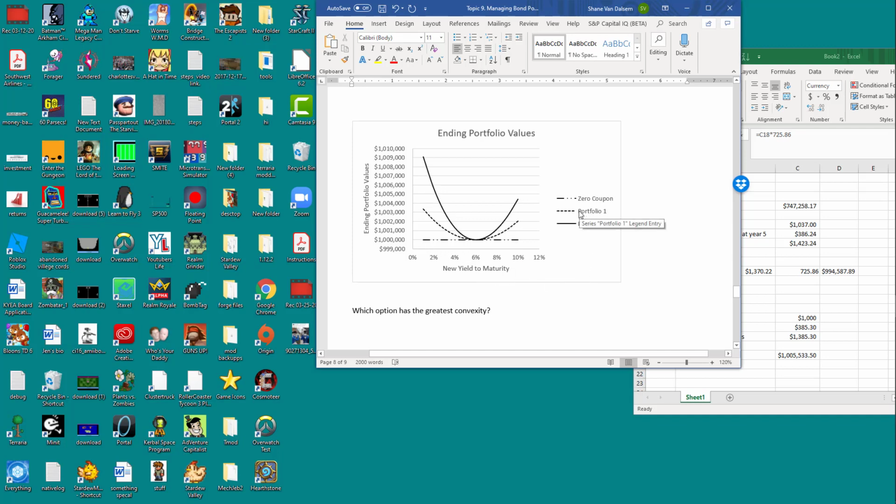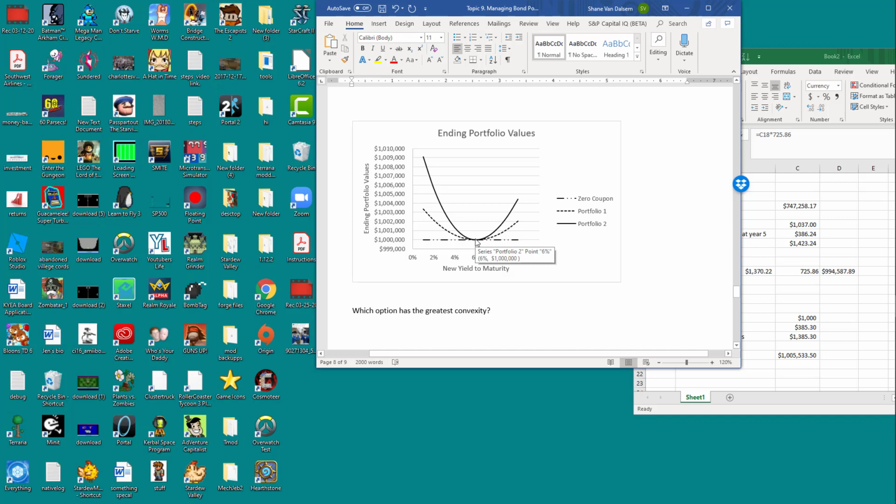Portfolio 1 is the dashed line. You can see here that there's some convexity. We begin with a yield to maturity on all of our bonds here of 6%. As the yield to maturity increases, the value of that portfolio also increases.